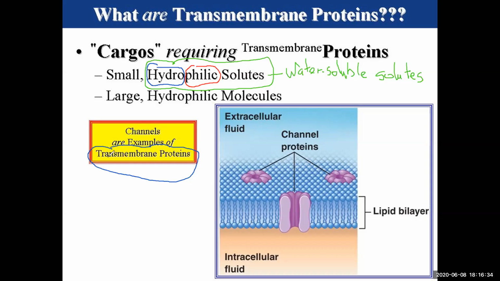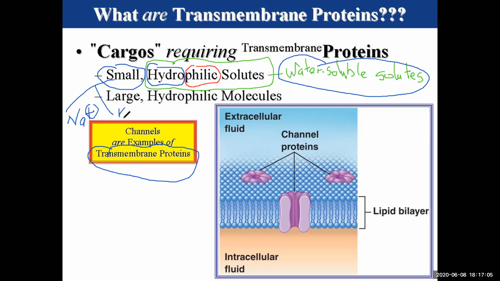And these transmembrane proteins are required now to help transport water-soluble solutes. And these are small solutes, small size, like electrolytes. So when we're talking about small water-soluble solutes, we're talking about sodium, potassium, electrolytes, right?